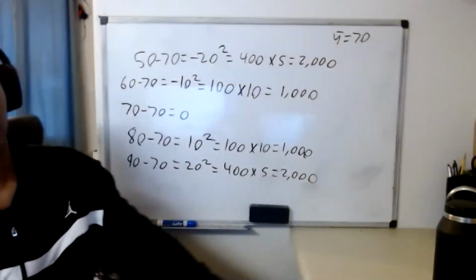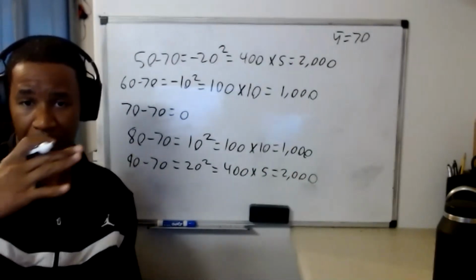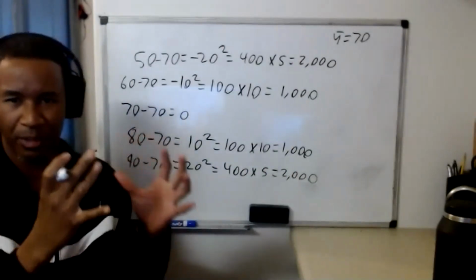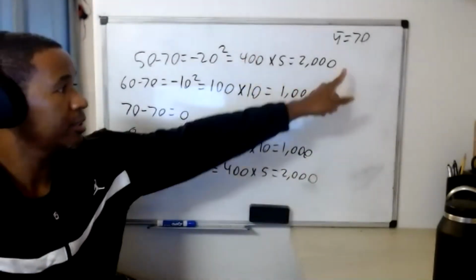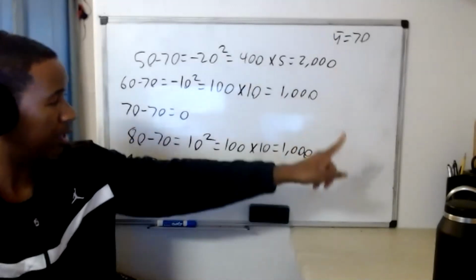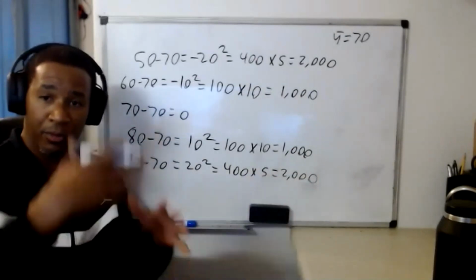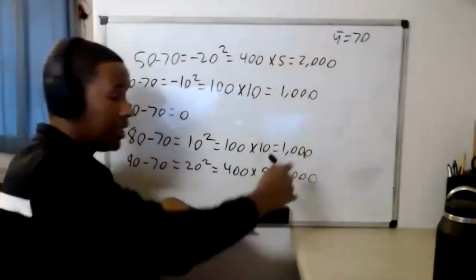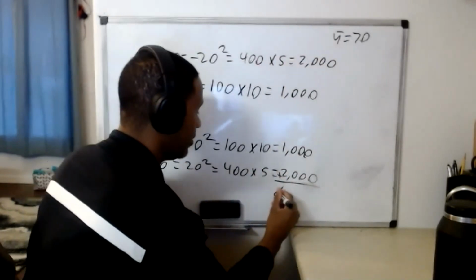Okay, now what we need to do at this point is add all these up, because if you remember, the last part of the numerator of the variance equation is to sum it all up. 2,000 plus 1,000 gives us 3,000, plus 1,000 gives us 4,000, plus 2,000 gives us 6,000. So if we add these squared deviations up, we get 6,000.